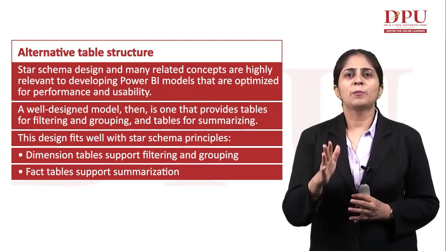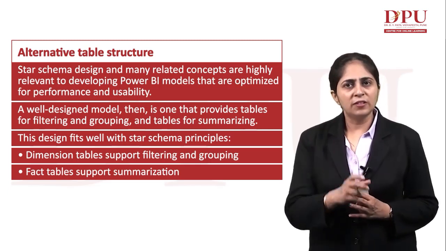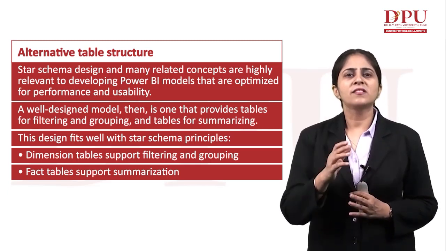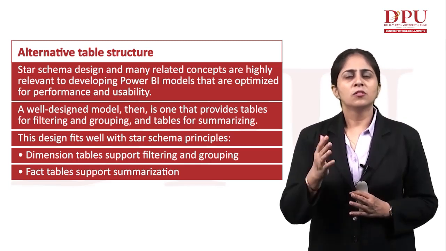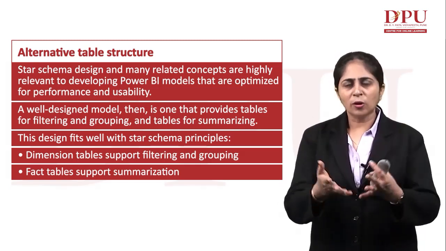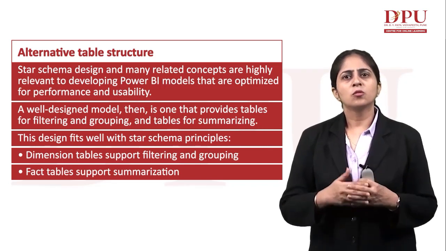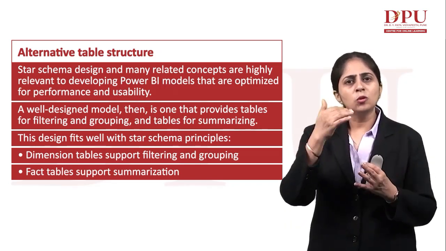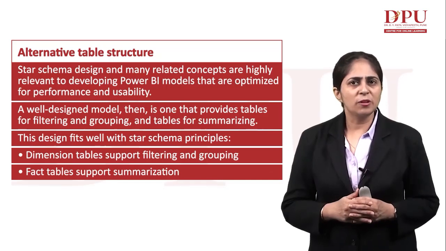There is no table property that a modeler sets to configure the table type as dimension or fact. It is determined by the model relationship itself. So here we do not have to use too many table structures.